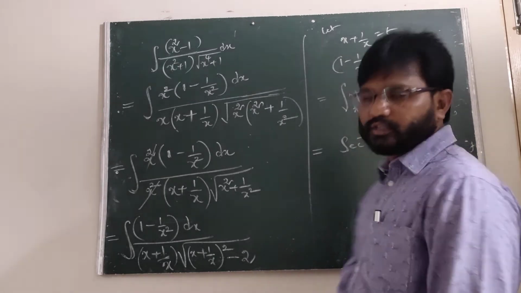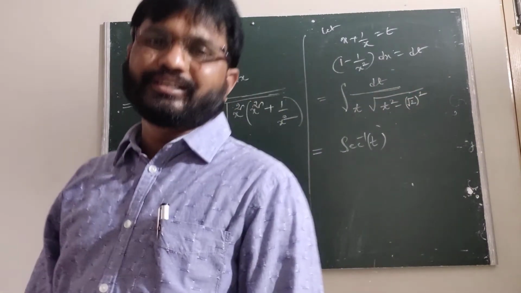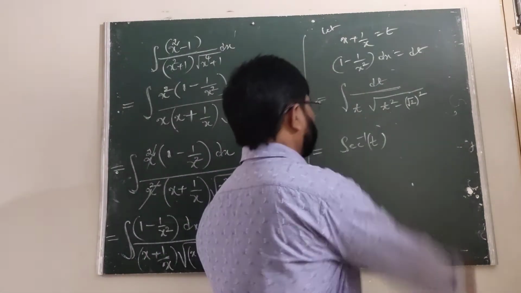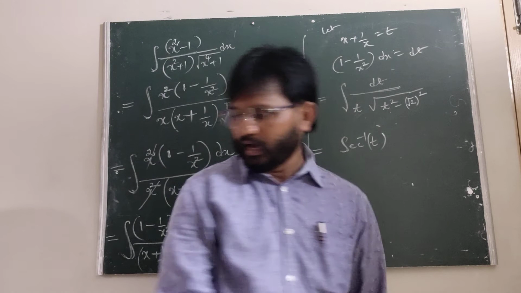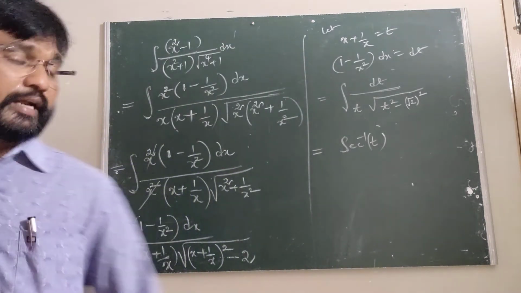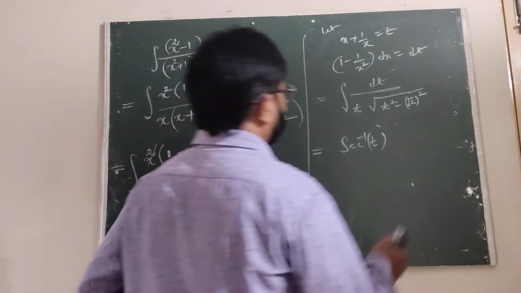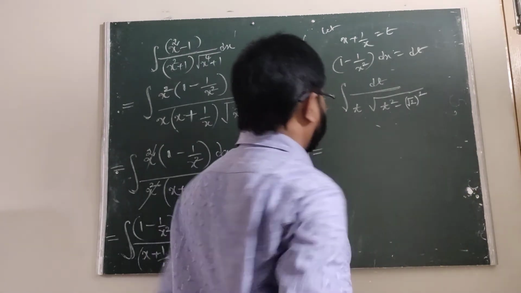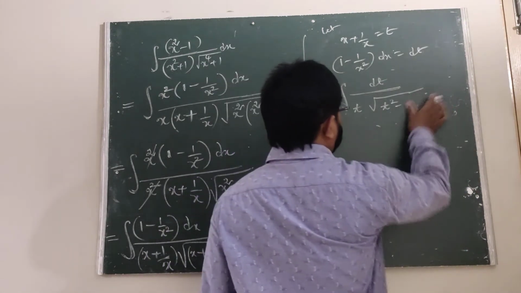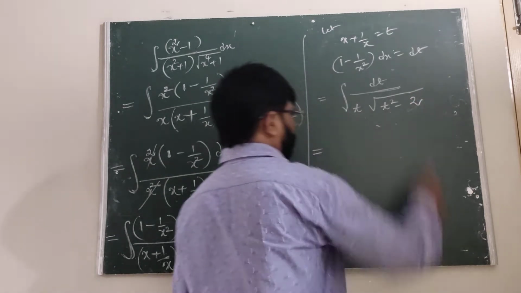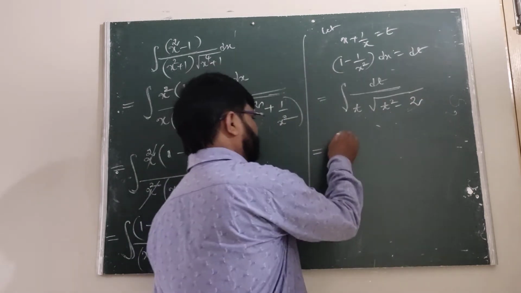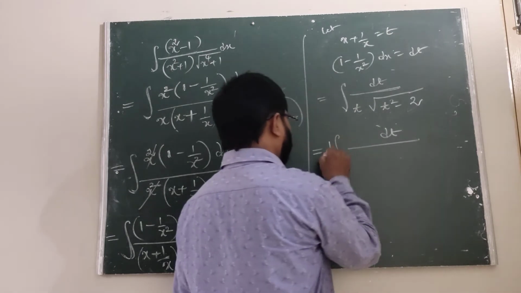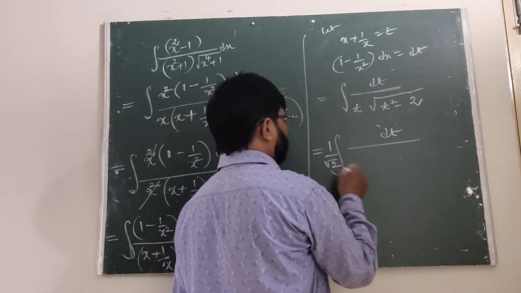When we take the common factor 2, undoubtedly this is 2. Therefore, when we take the common factor, we get the integral of dt by 1 by root 2.